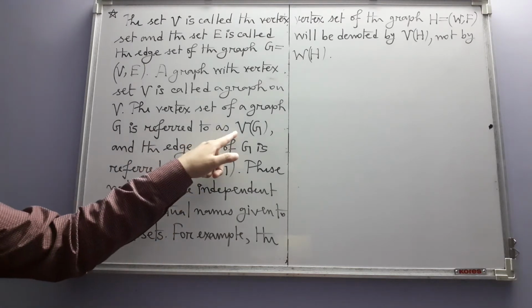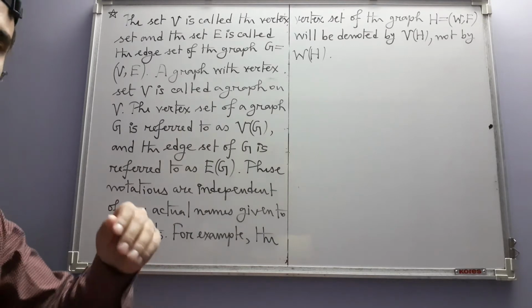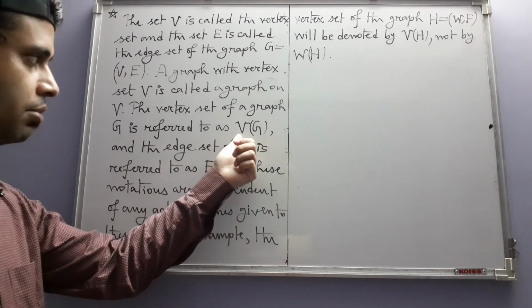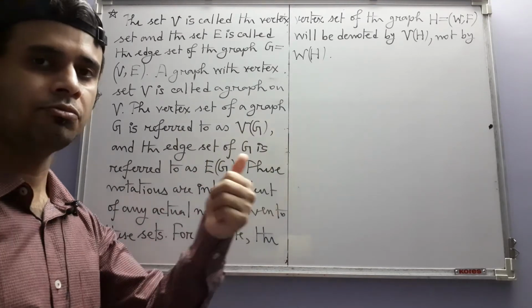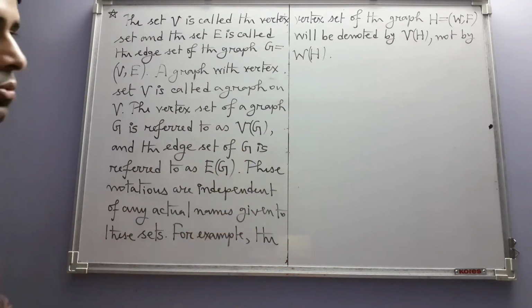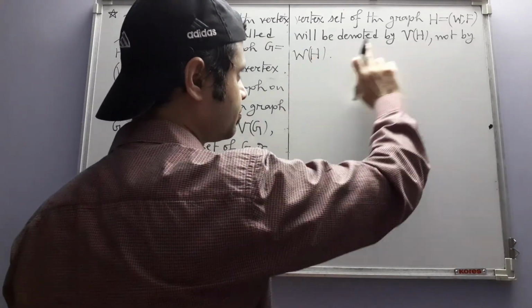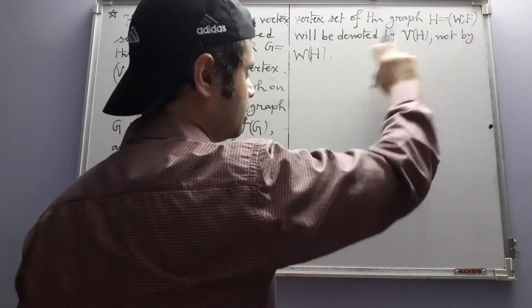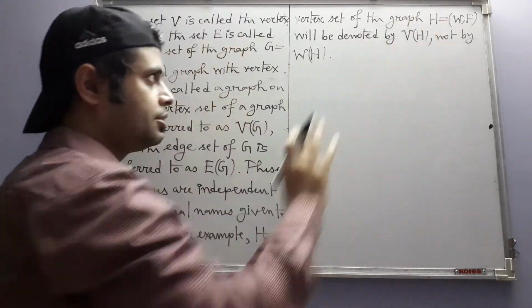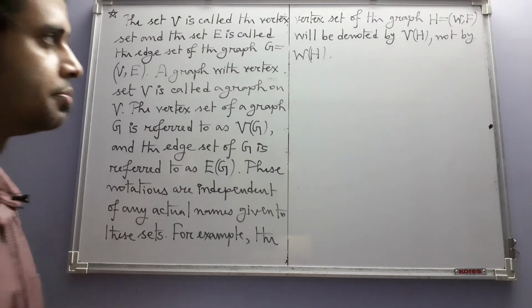When it comes to denoting the vertex set of a given graph, then we will invariably call it V of that graph, edge set E of that graph. So here this of course is not true. This has no meaning. V of H is equal to W and E of H is equal to F.